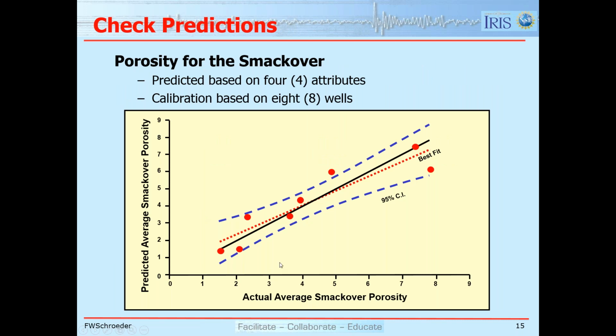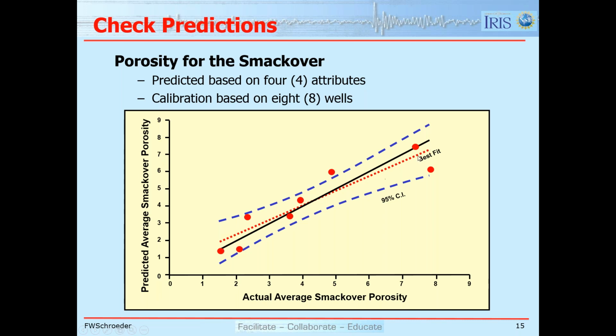So for this particular onshore Alabama case, we had 8 calibration wells, and we developed an equation that used 4 different attributes, some related to amplitude, some related to the time thickness of the trough, some related to the symmetry or asymmetry. We came up with an equation, and this is a plot of the actual Smackover porosity versus what our equation based on the 4 attributes predicted.